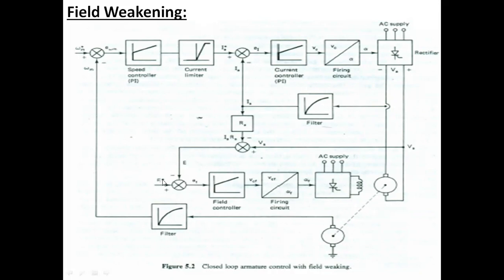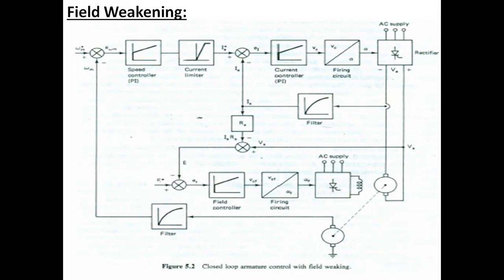This E star is chosen between 0.85 to 0.95 of the rated armature voltage. If you take the higher value for motors with a low armature circuit resistance, then we can attain speeds below base speed.